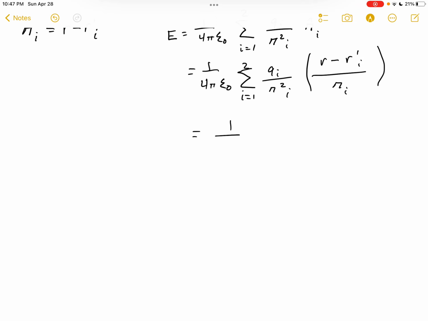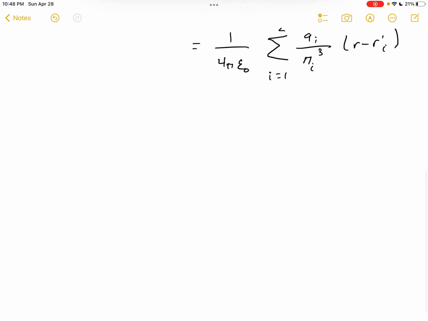That then gives us 1 over 4 pi epsilon naught, sum from i equals 1 to 2 of qi over our superposition vector cubed times r minus ri.